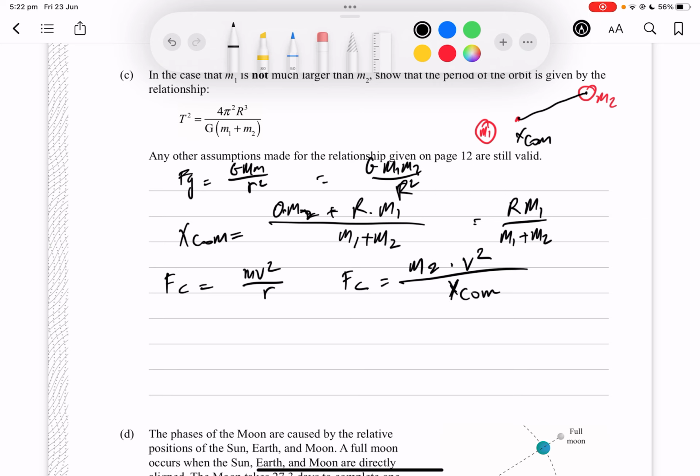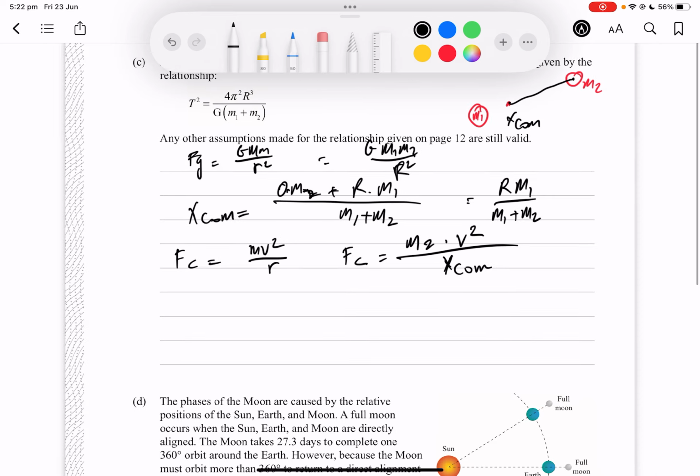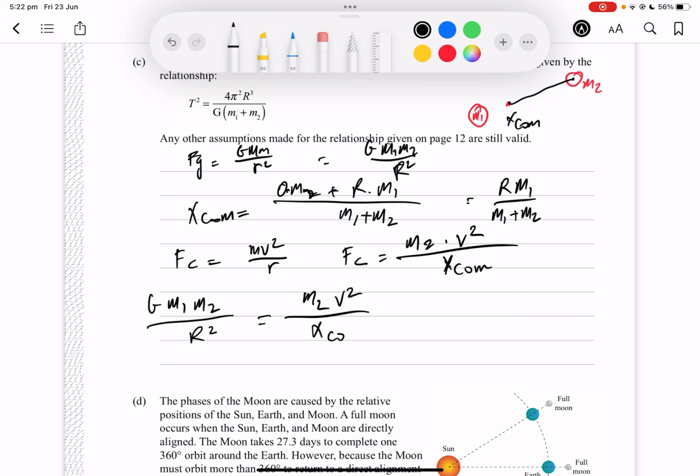Now we want to equate Fg equals Fc. So G m1 m2 over r squared is equal to m2 v squared over X_COM. And okay, so m2 and m2 cancel each other out.